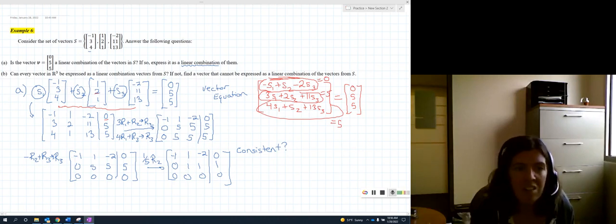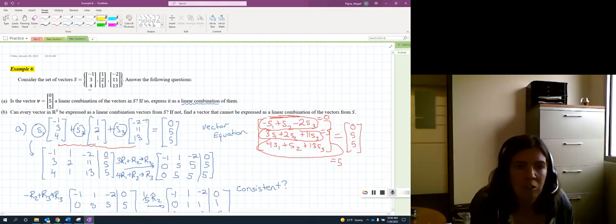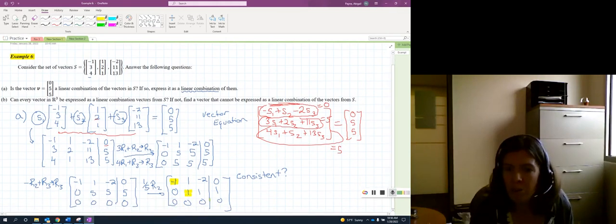We can see this is now in echelon form. We have pivots here and here. A pivot by definition is the first non-zero entry in each row. There is no pivot in row 3 here, and there is no pivot in column 3. But as long as you do not have a pivot in the very last column, which we do not, the system is consistent, which means yes, we can find scalars S1, S2, S3 that satisfy that equation.